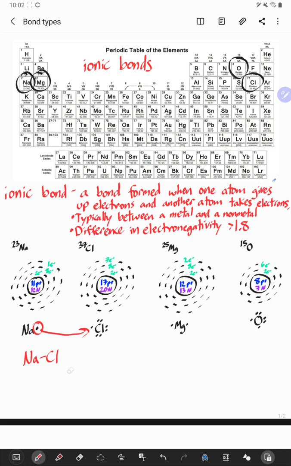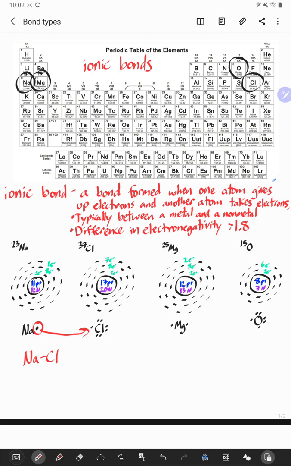But it's a transfer of electrons. An ionic bond is a transfer of electrons. So sodium is completely getting rid of that one electron, and chlorine is taking it and making it its own.